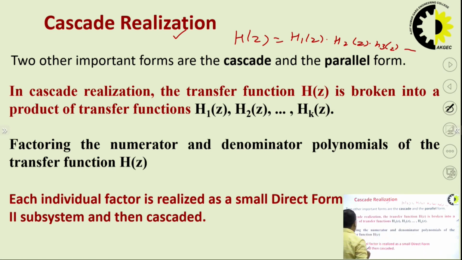And how is it possible? By factorization. Factoring the transfer function H(z), you split H(z) into some small product transfer functions, and you can realize these small structures individually, using direct form 1 or direct form 2 as per your convenience.